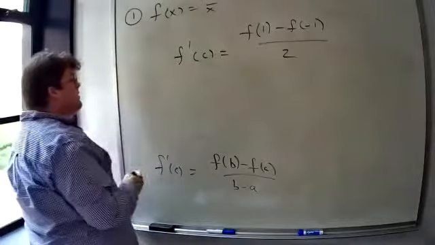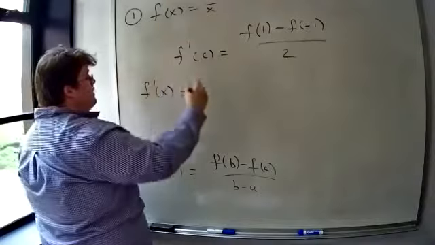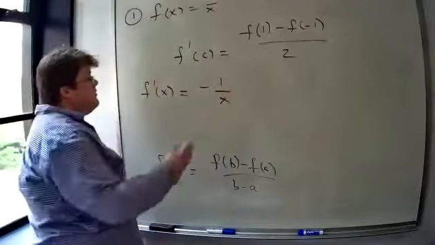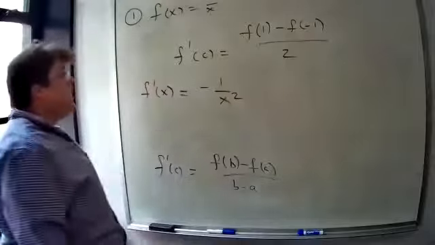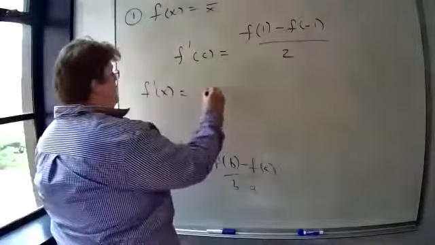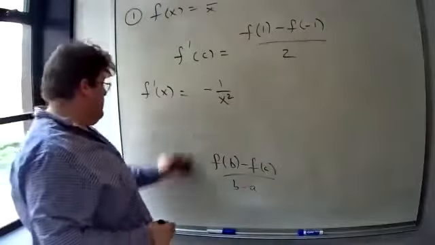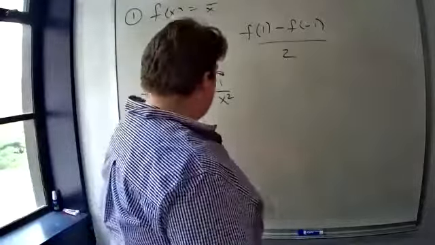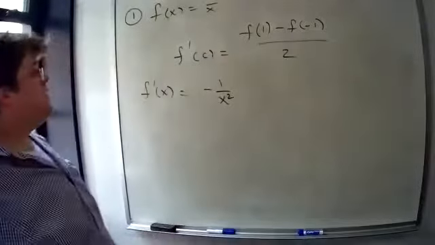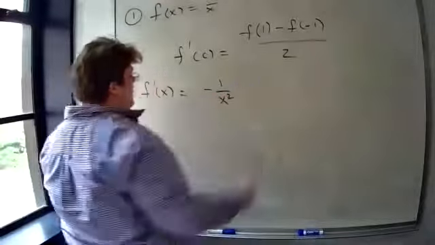Well, let's find f prime. F prime of x is what? Well, power rule. X to the -1, derivative is -1 over x squared. So what we want to do is show that there is no c value where this value at c equals whatever that number is.